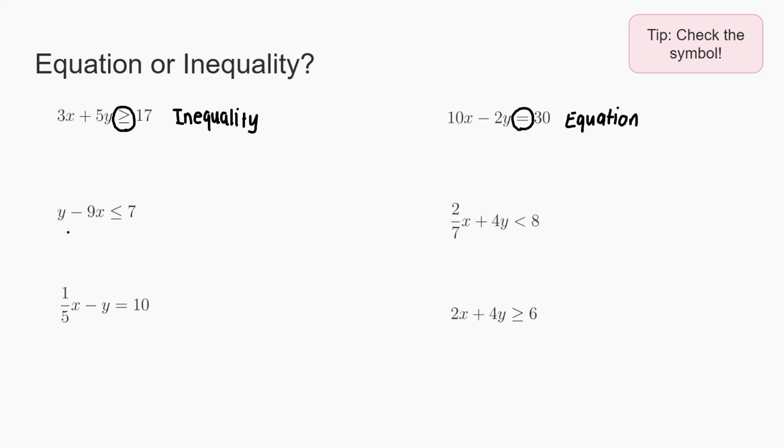Here we have y minus 9x is less than or equal to 7. Our symbol is less than or equal to, so we know that's an inequality. Here we have 2/7 x plus 4y is less than 8. We have the less than sign here, and we know that's an inequality as well.